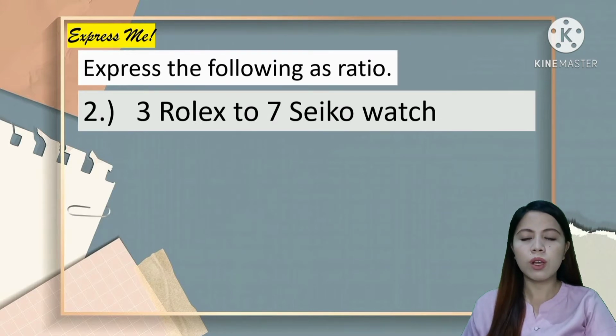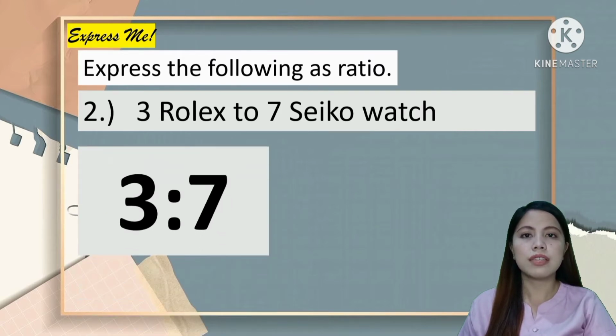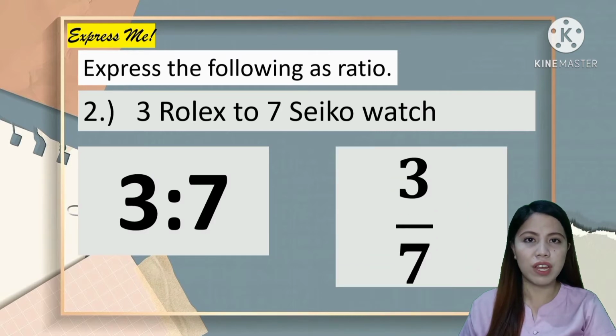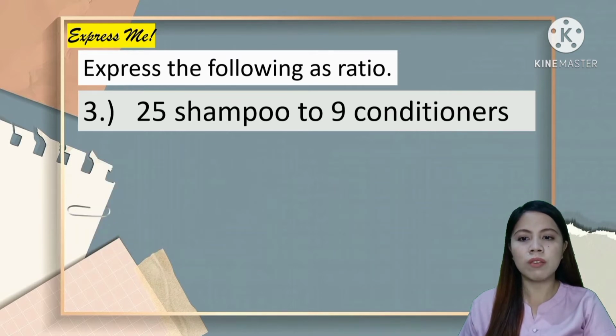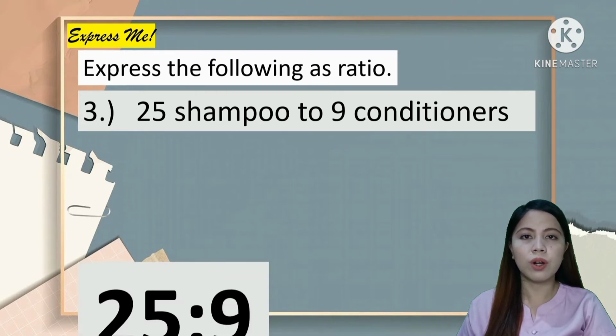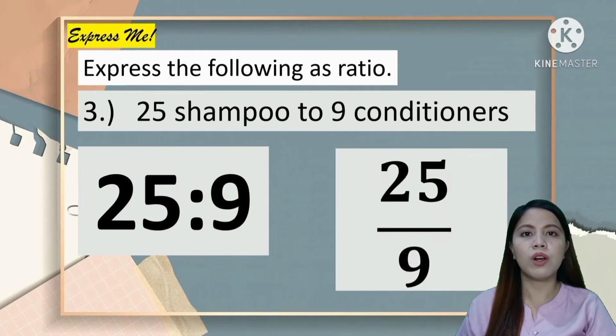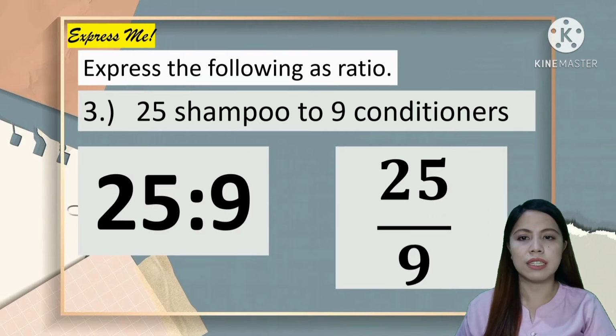Next, we have 3 Rolex to 7 Seiko watch. We will write it as 3 colon 7 or 3 over 7. Next, 25 shampoo to 9 conditioner. We will write it as 25 colon 9 or 25 over 9.